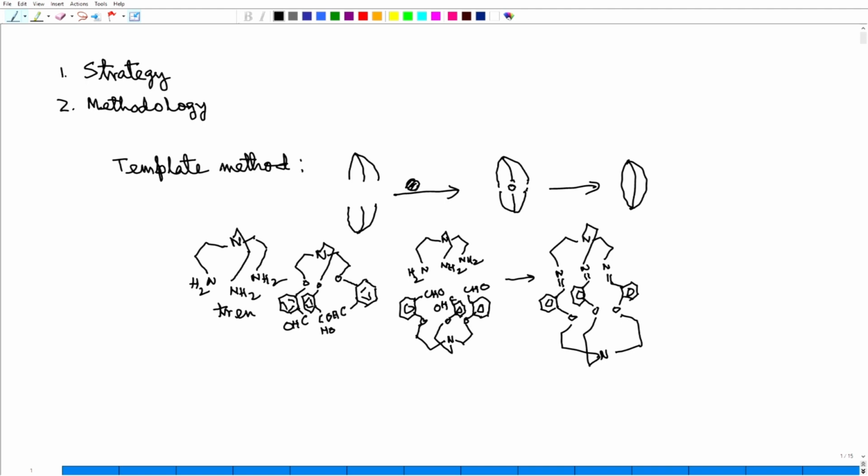So, it will form a Schiff base like that, and then upon reduction, I will make this particular compound, NH, NH.